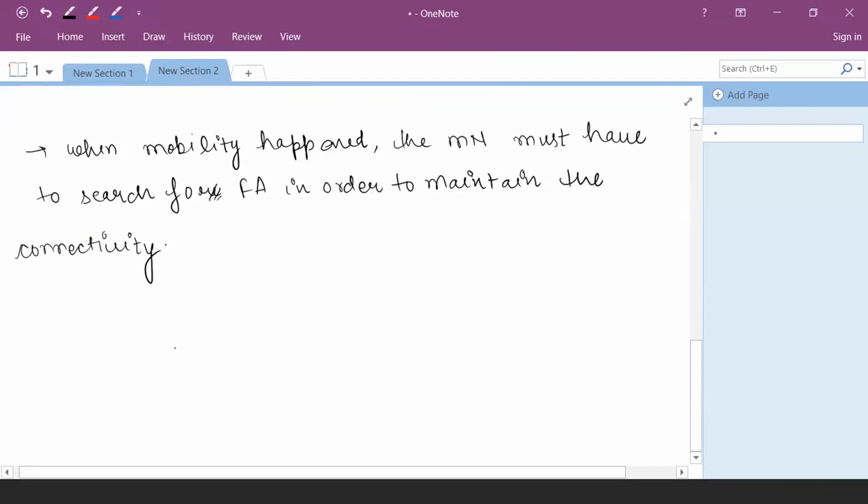But how does this discovery happen? The question is how this agent discovery happens, because this discovery has to be initiated by the mobile, meaning the user itself.